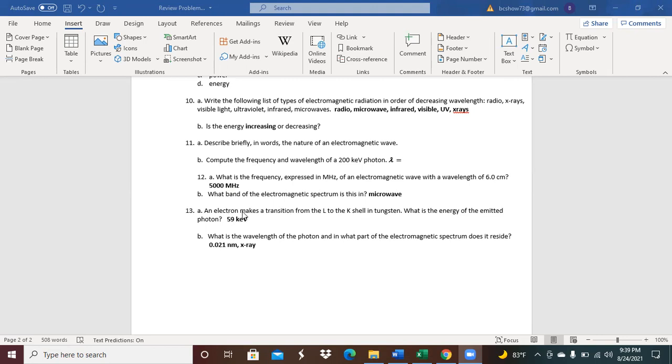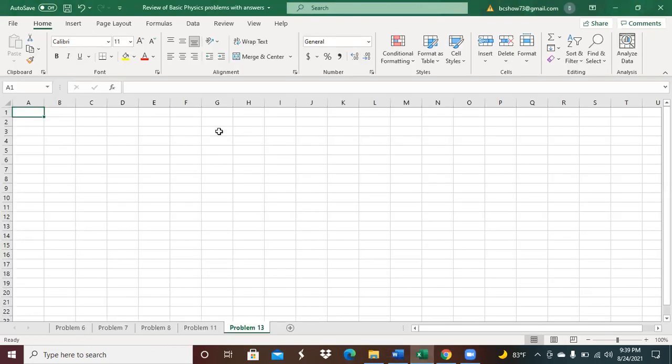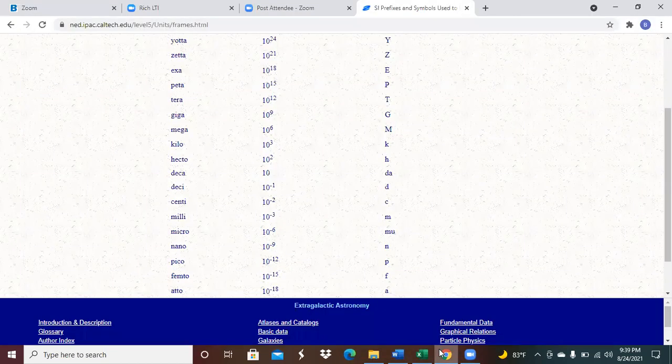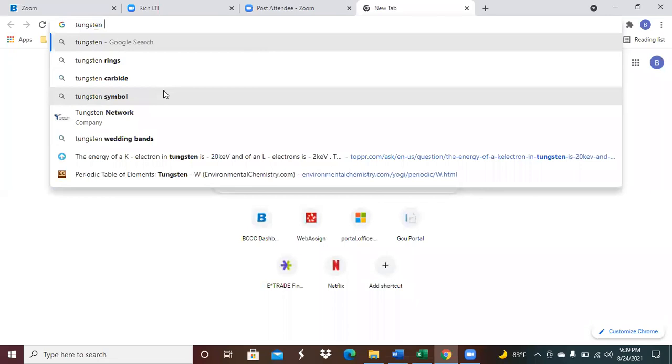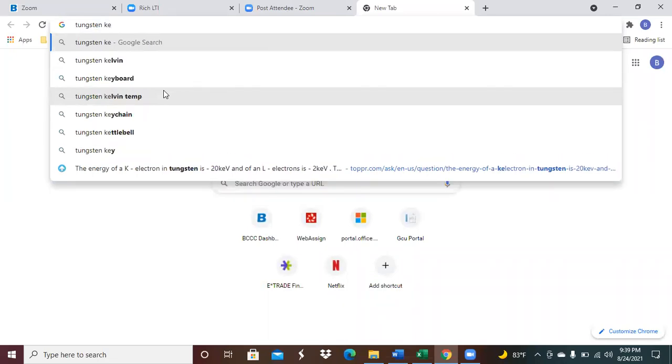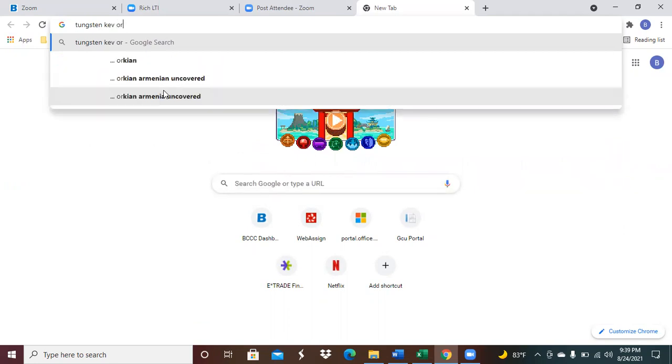This is a little different. I had to go out and find a source that had this information in it. Basically, if you do a search for tungsten and keV, let's see, orbitals.